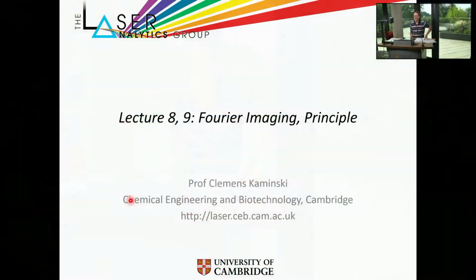And with that, we can fully describe what happens when we try and project an electric field distribution in the object plane onto the image plane. So with that, I go to my presentation, and I will explain to you the principle of Fourier imaging.